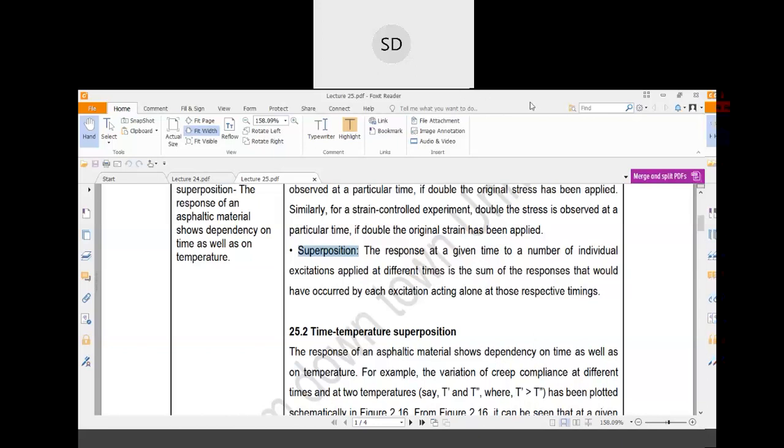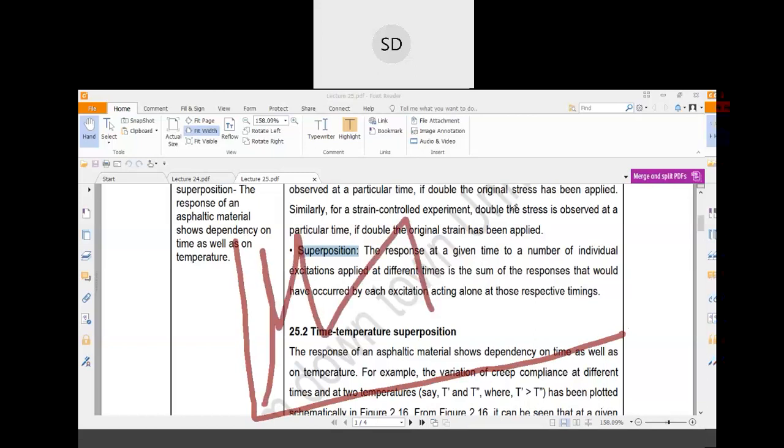So suppose for stress control or strain control experiments, you are getting different responses for stress and strain behavior at different time intervals.